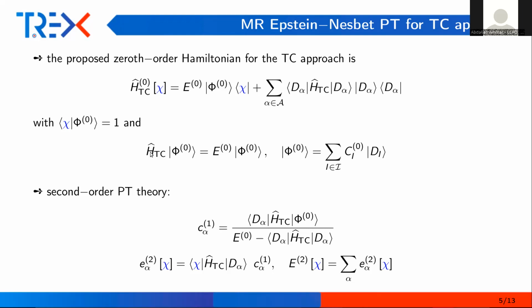So for this choice of H0, the first order coefficients are given by the usual formula, and the second order energy are given also by a similar formula. But again, the left function is not phi 0 now, but a general left function.